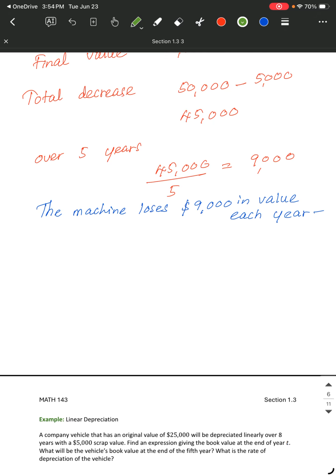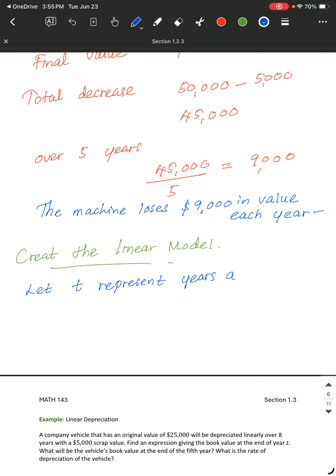Create the linear model. Let T represent years after 2021.